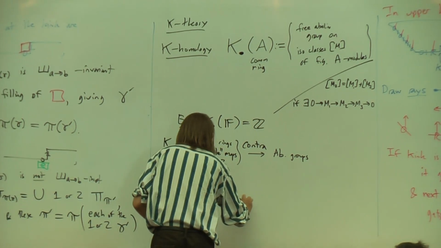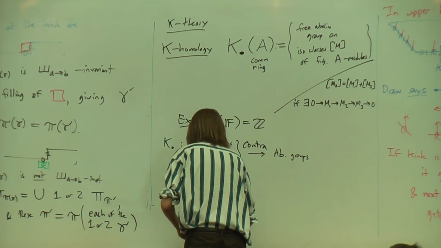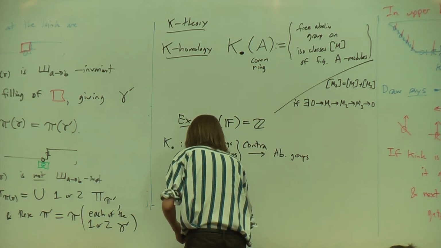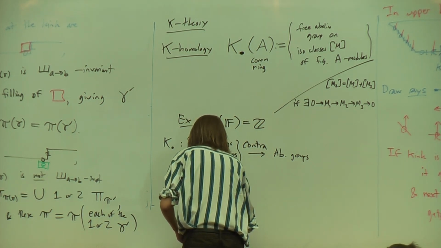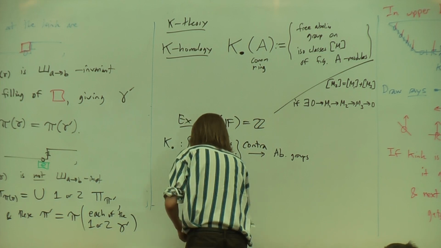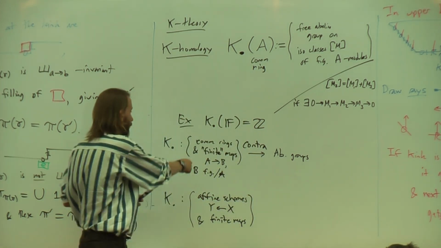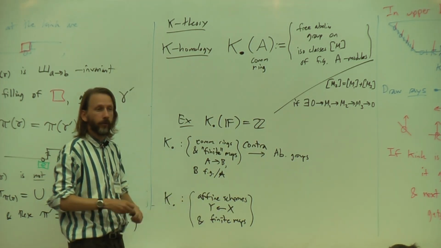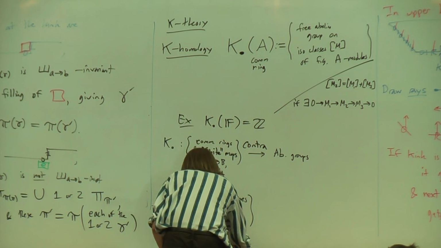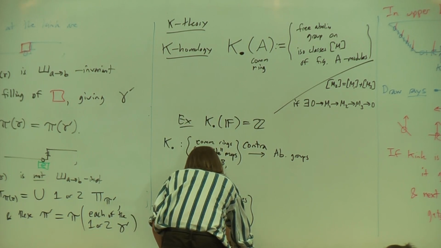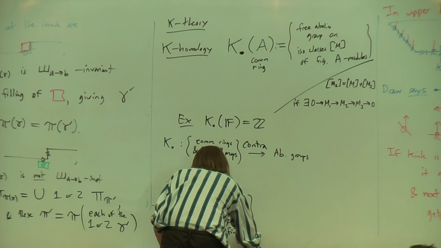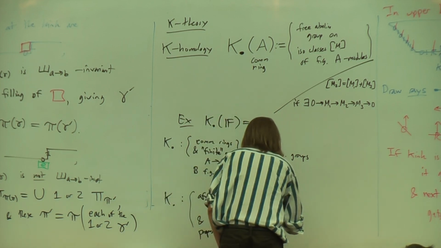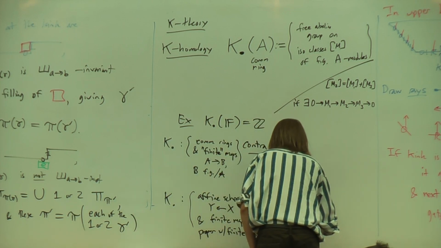So Specs of those commutative rings, X to Y, and finite maps. And now this finiteness condition is the statement that this map should be proper with finite fibers. And now it's covariant to abelian groups.